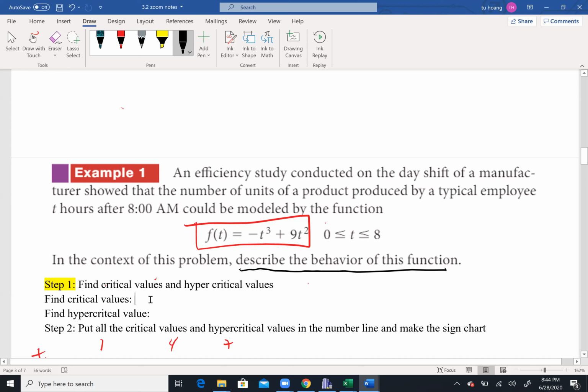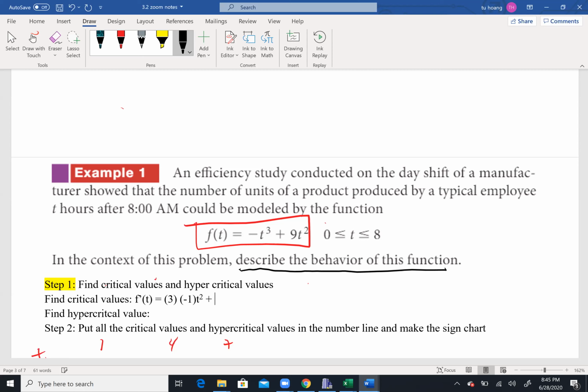In order to find the critical value, I need to find the first derivative of t. You know how to use the power rule, right? So you put down the 3, so I have negative 3 first, multiplied with negative 1, and t to the power 3 minus 1, which is 2.